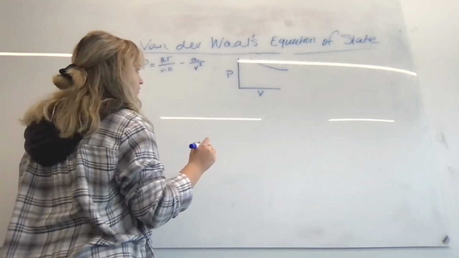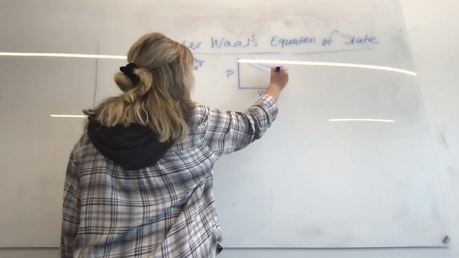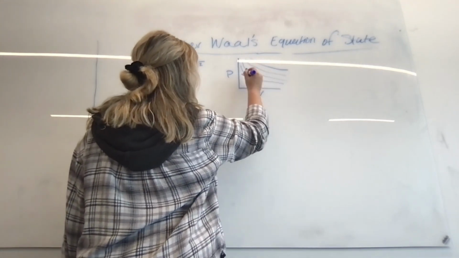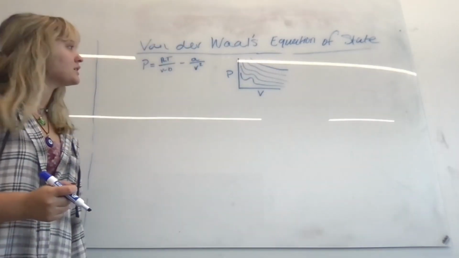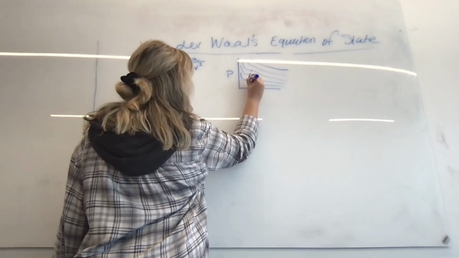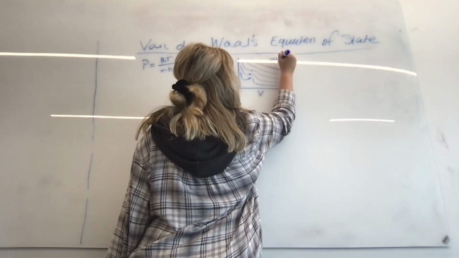Now, at other temperature values, as we start getting lower and lower, they start to hit this point of inflection. And at this point of inflection, we have our critical point.